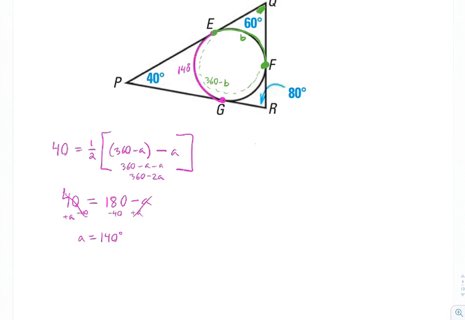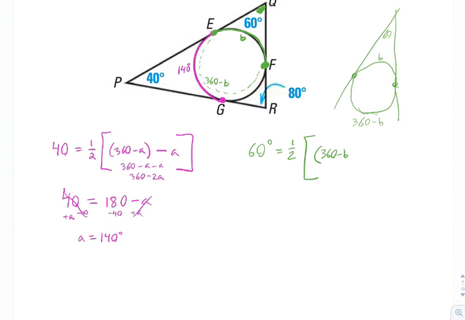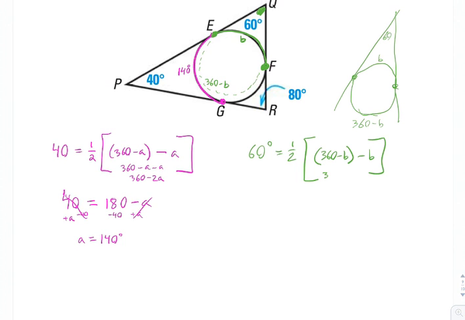So again, that exterior angle, 60 degrees, essentially I've got a 60-degree angle opening up to B, and the leftover of the circle is 360 minus B. Okay, so 60 equals 1/2 of the big side, so that's 360 minus B, minus the small side, B. Again, that's 360 minus 2B.